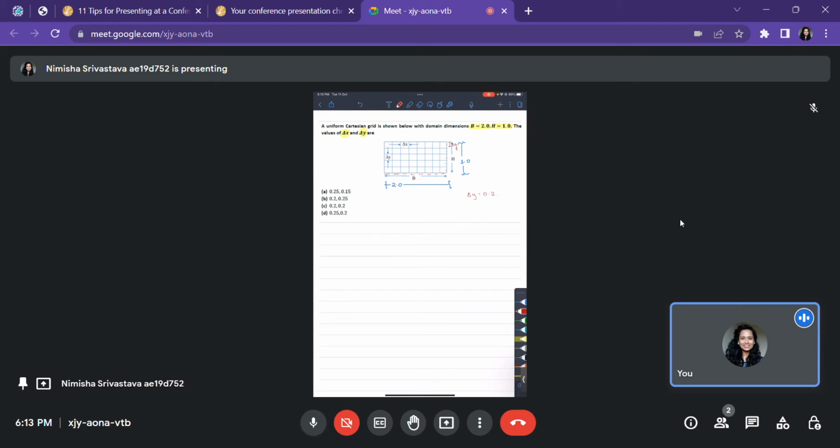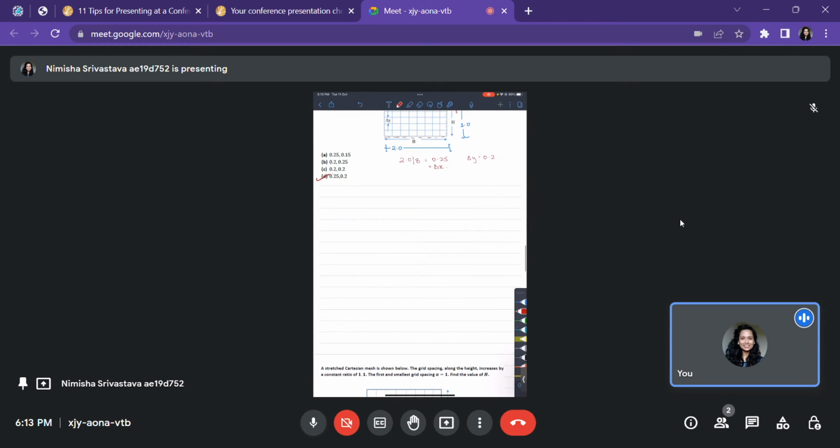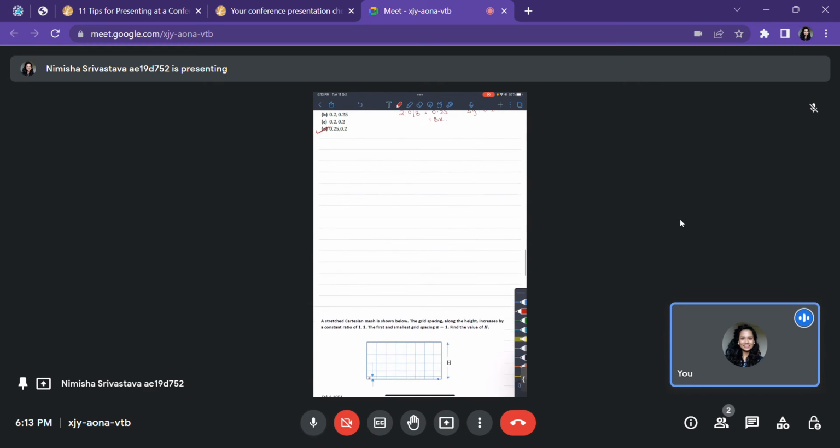So we have 2 divided by 8, that is 0.25, equals delta x. So delta x is 0.25 and delta y is 0.2. You can expect the answer to be D. Okay, so we'll move on to the next question.